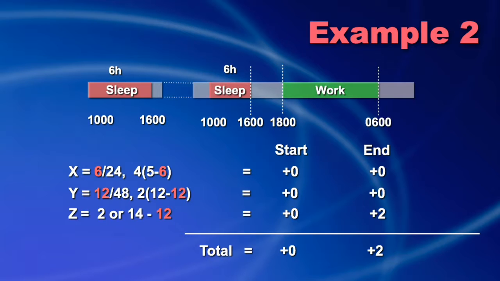If we look at the end of the shift, again, the X and Y values are both 0, but in this case, the Z score has an extended period of wakefulness from 1600 through till 0600 the next day. That is a period of approximately 14 hours.